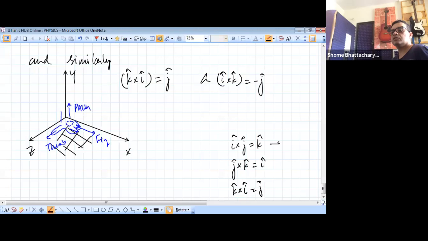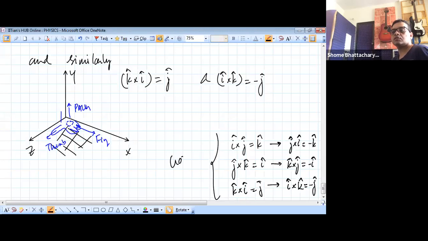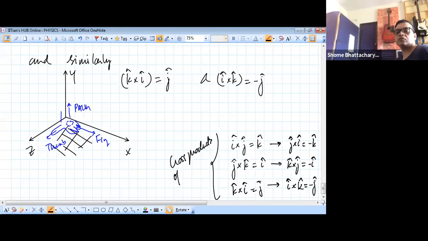Okay. So the reverse of this also becomes that j cross i is minus k, the reverse of this becomes k cross j is minus i, and the reverse of this becomes i cross k is minus j. So these are the cross products of the standard unit vectors.